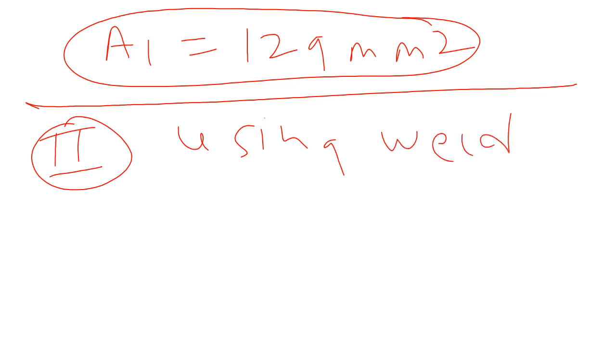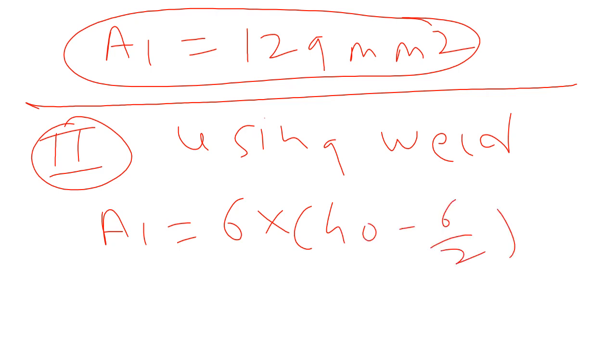When we are using the weld, there will not be any rivets, right? In that case, the values of A1 and A2 will change. So now A1 will be equal to 6 times (40 minus 6 by 2). This is for the connected leg.